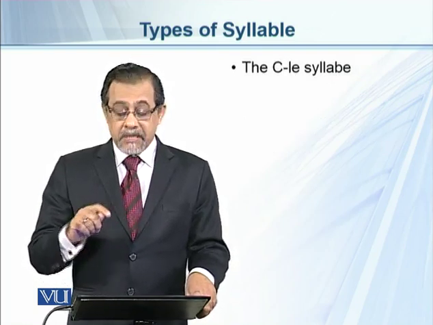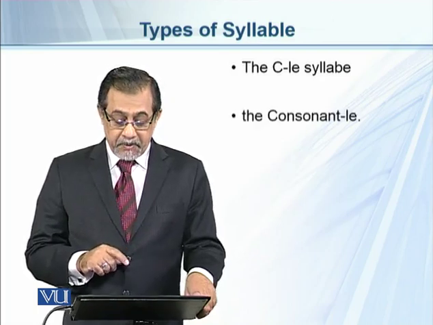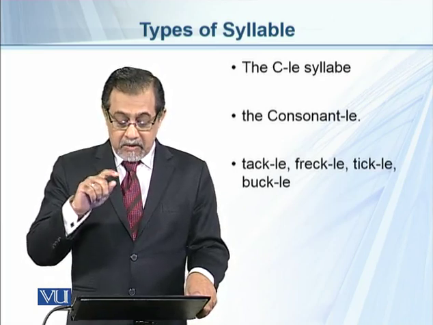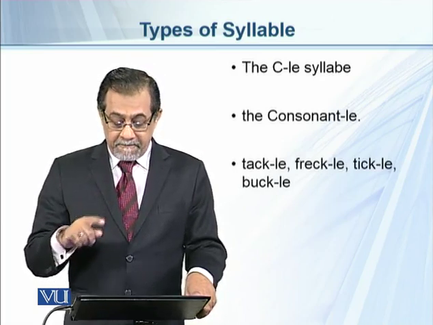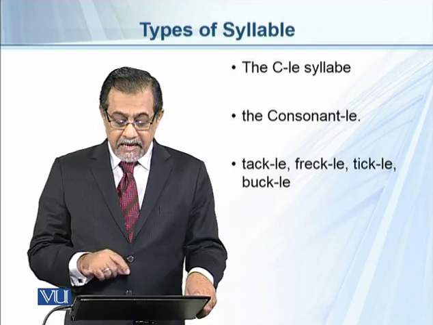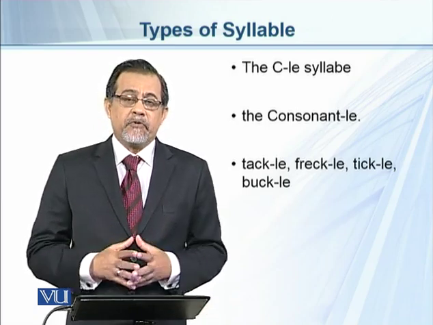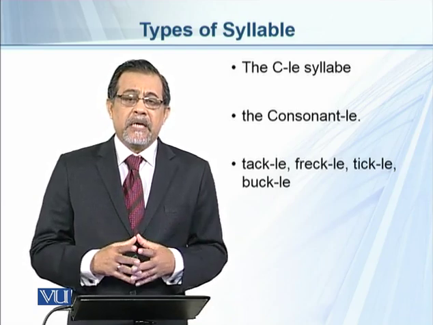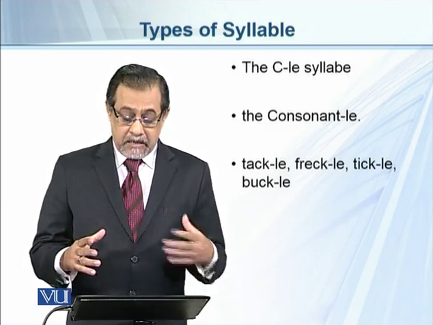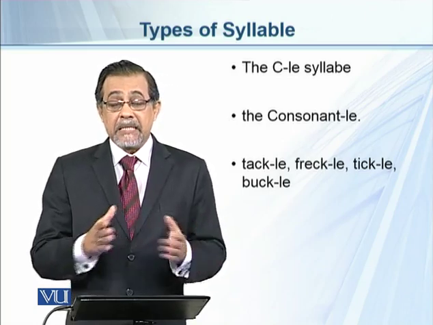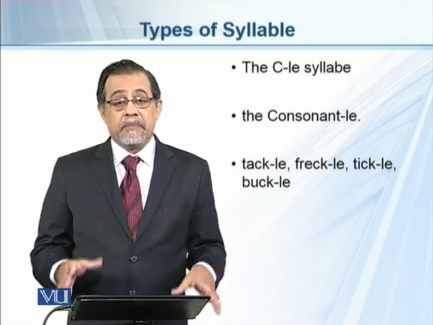The consonant plus LE syllable, for example, tackle, freckle, tickle, and buckle. So these are some of the types of syllables that we can discuss with reference to their spellings and their pronunciation.